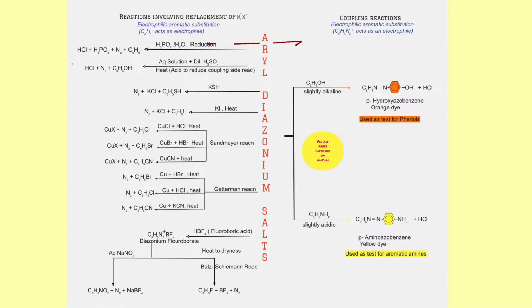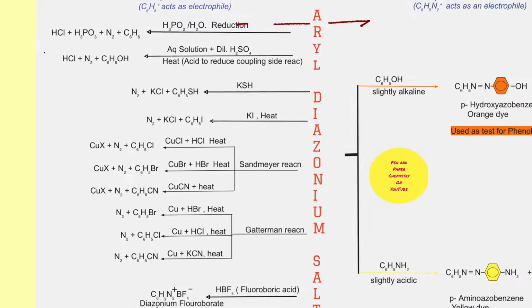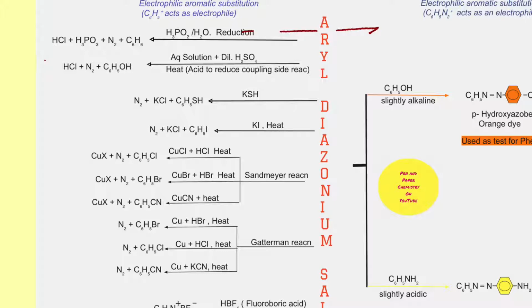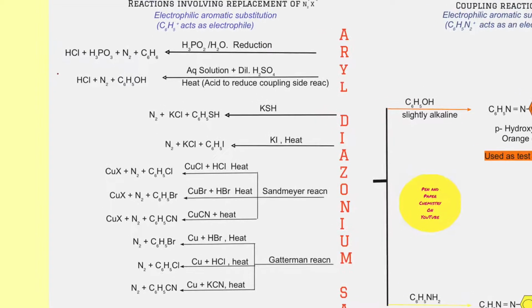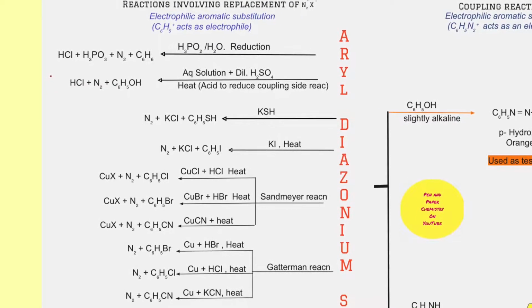So if we connect our learning to this flow chart that I had given you, remember we had done this flow chart in the previous video. So if you've drawn this flow chart, now try writing all the reactions based on this chart. The first one has already been done.